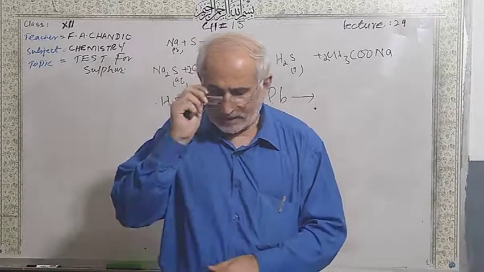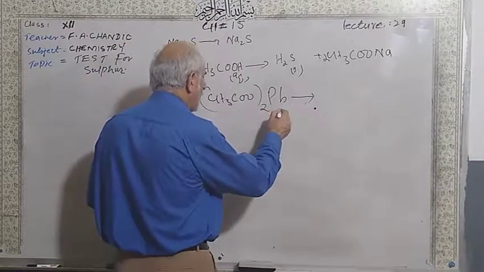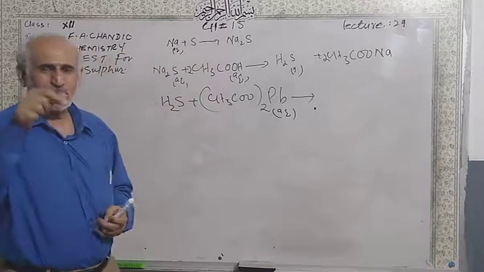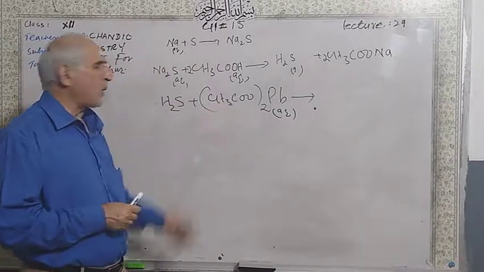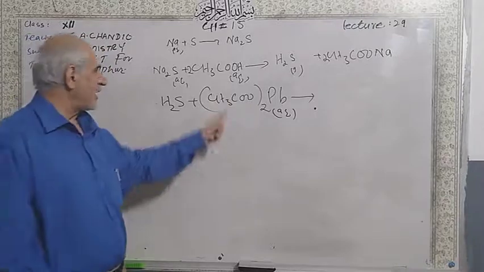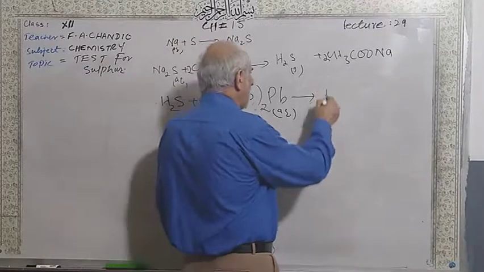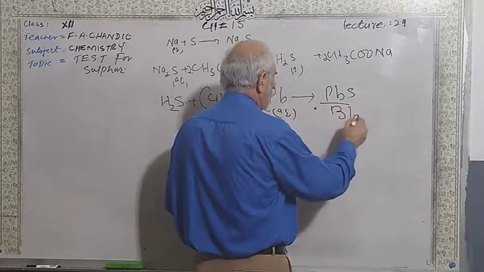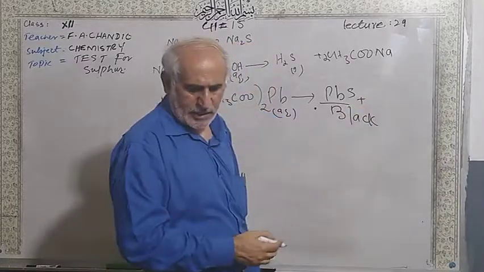If lead acetate paper is not available, then you have lead acetate salt. Just add it in a small amount of water, then add a few drops of the lead acetate solution to the hydrogen sulfide. You will get black lead sulfide, and acetic acid will be formed.